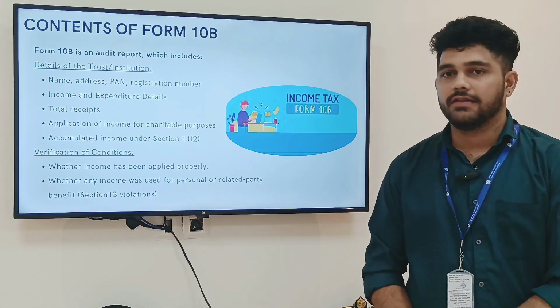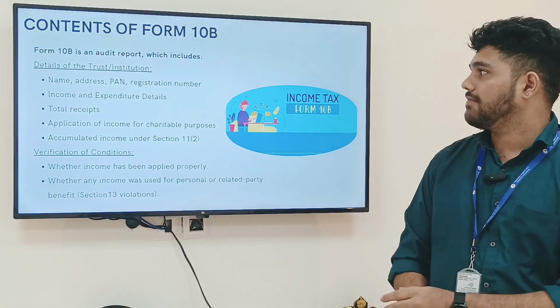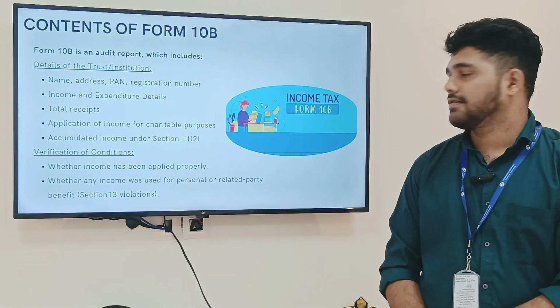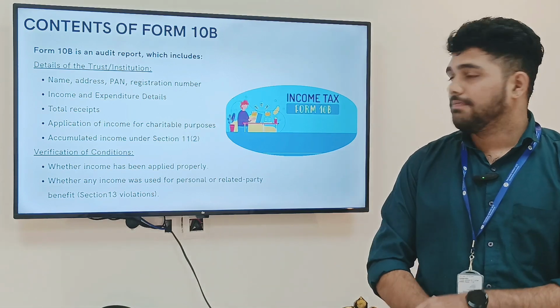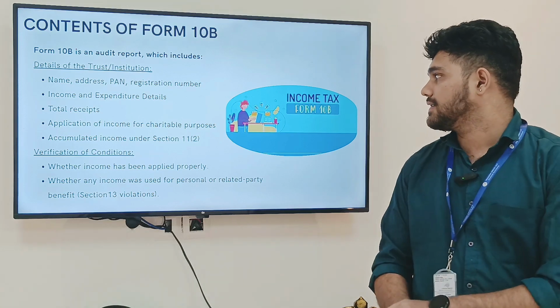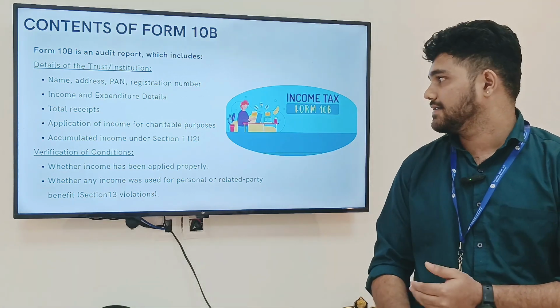Contents of Form 10B. First, details of the trust: basic details such as name, address, PAN, registration number. Then income and expenditure details, total receipts, application of income for charitable purposes, accumulation of income under section 11(2). This will be explained in future slides.